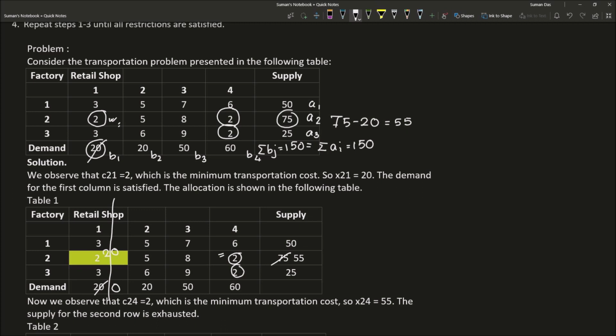Let us suppose we start from that cell. Now look at the supply, that is 55, and the demand, that is 60. Which one is minimum? That is 55.